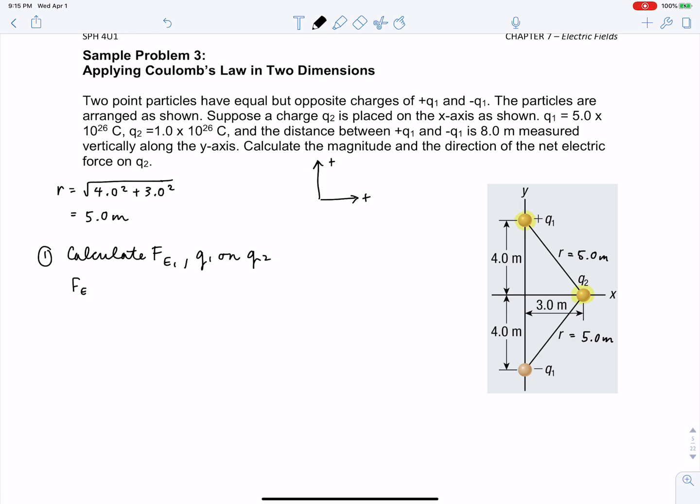So FE1 equals KQ1 Q2 over R squared. K is 8.99 times 10 to the power of 9 newtons times meters squared per Coulomb squared. Q1 is 5 times 10 to the power of negative 6.